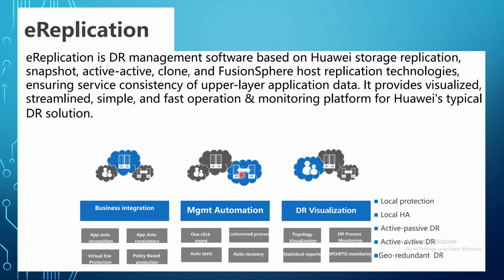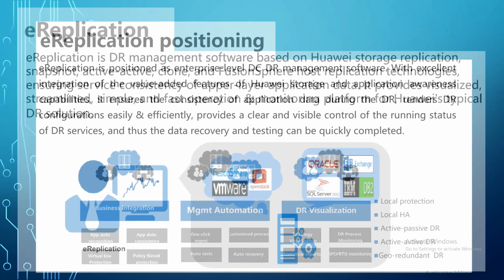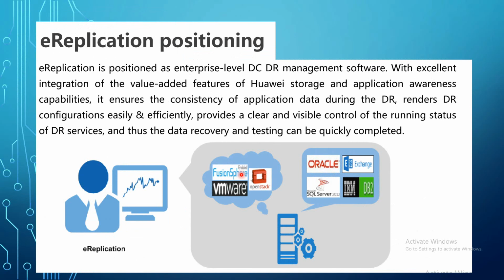It will automatically move the VMs from one side to another side. So it is an enterprise-level DR management tool, and we will discuss it in the next slide. We already discussed that it supports all the renowned technologies in the market.